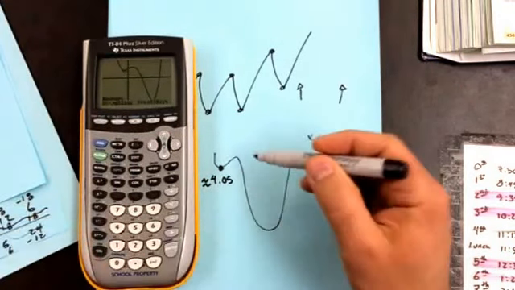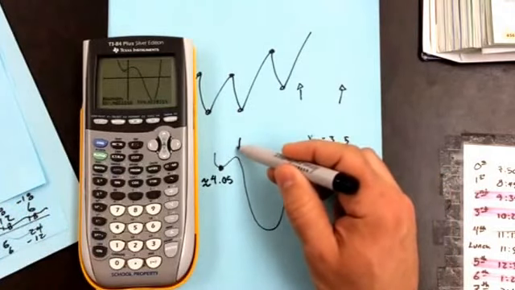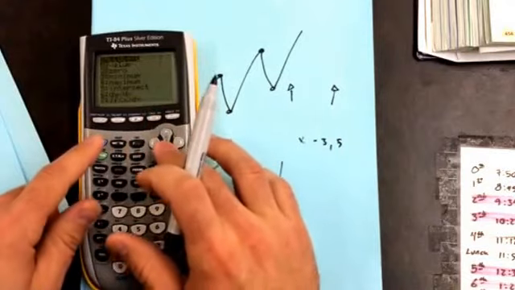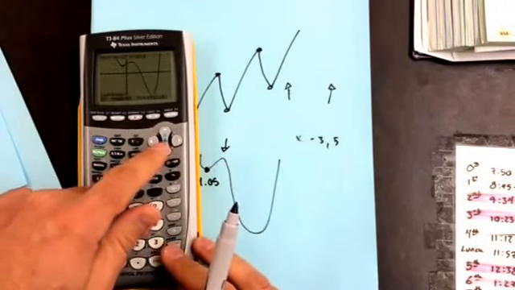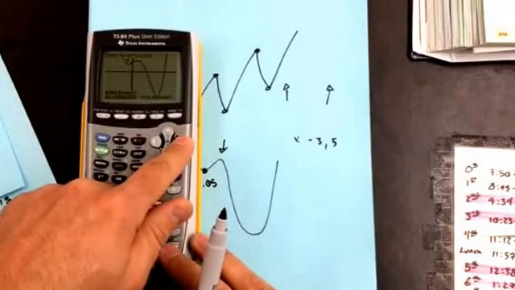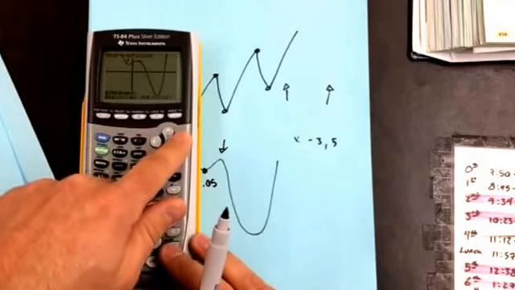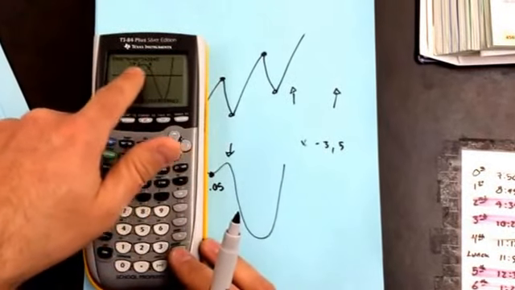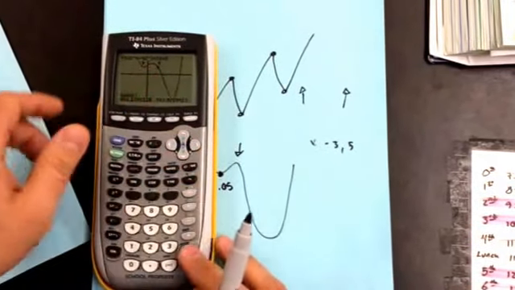Now I'm going to find this maximum value. So I'm going back into the calculate menu. This time I'm going to calculate a maximum. I need to be to the left of that, which I am. And then I'm going to go to the right of it when it says right bound. Left bound, right bound means the left boundary and the right boundary. So I'm saying these are the boundaries for my graph.